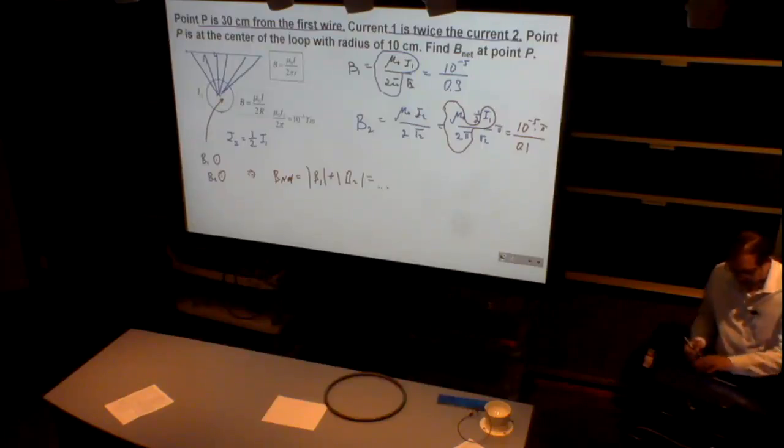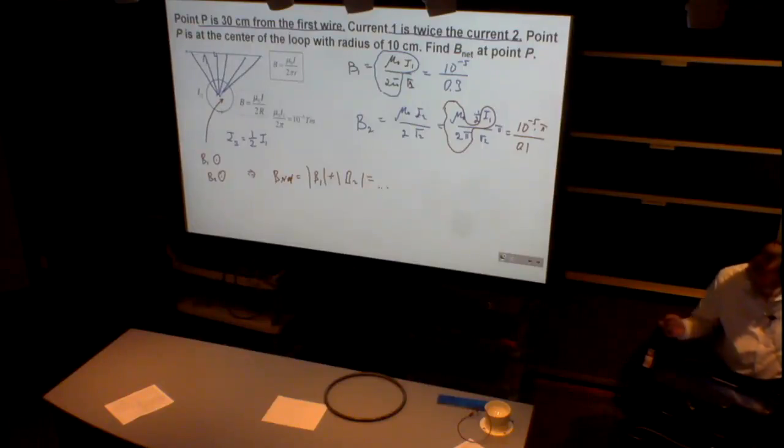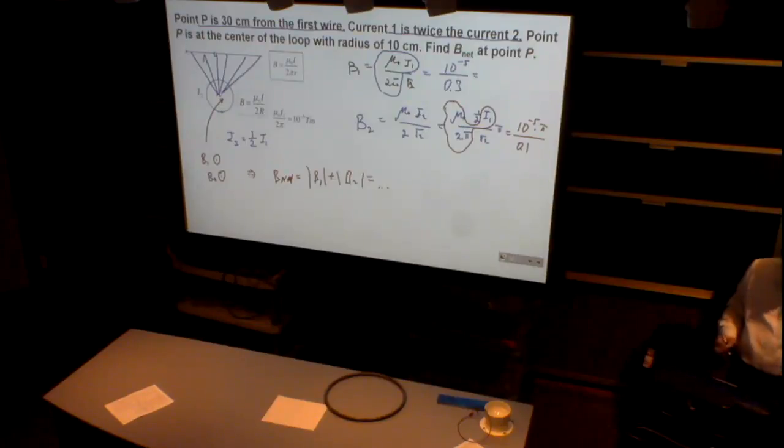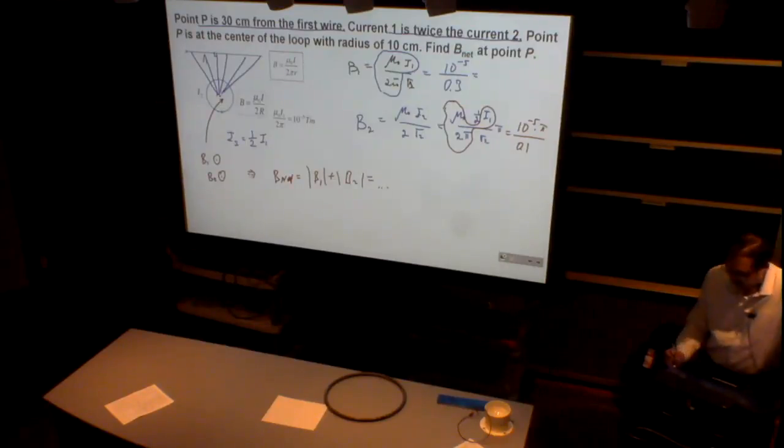I think I have the answer. Well, actually, this number was used yesterday. That's about 3.3 roughly times 10 to the negative fifth.